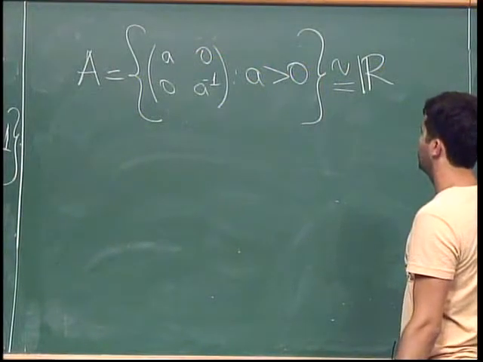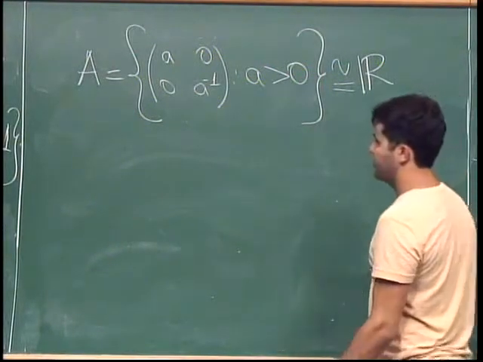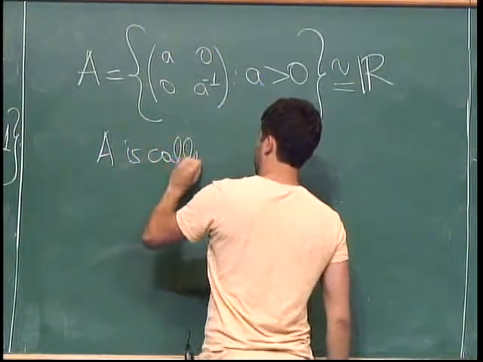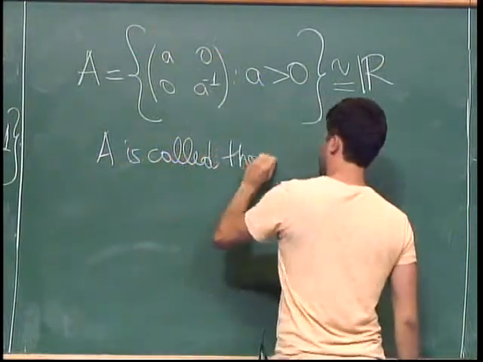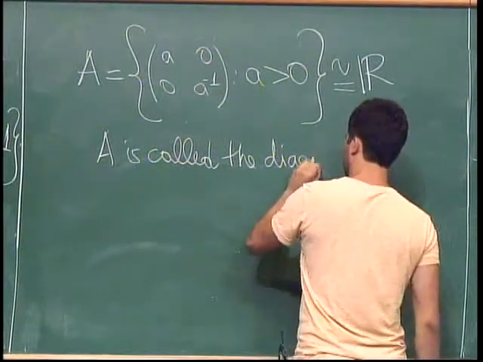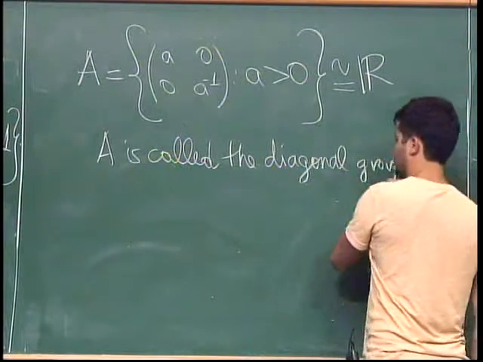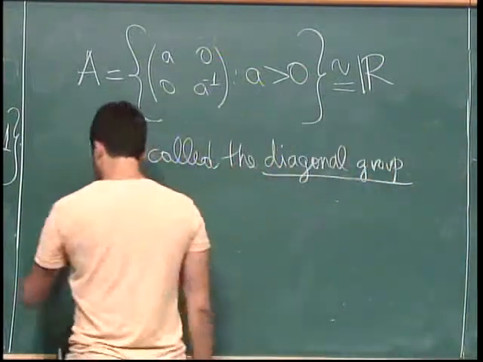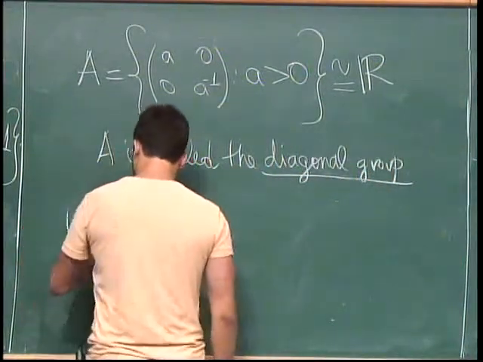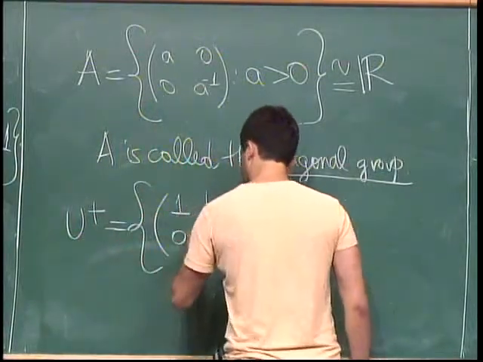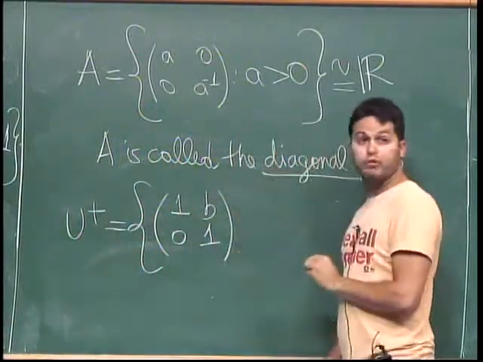Log of A. Okay, so A is called the diagonal group. And we have two other guys, which is U plus, and it's given by these parabolic matrices here.